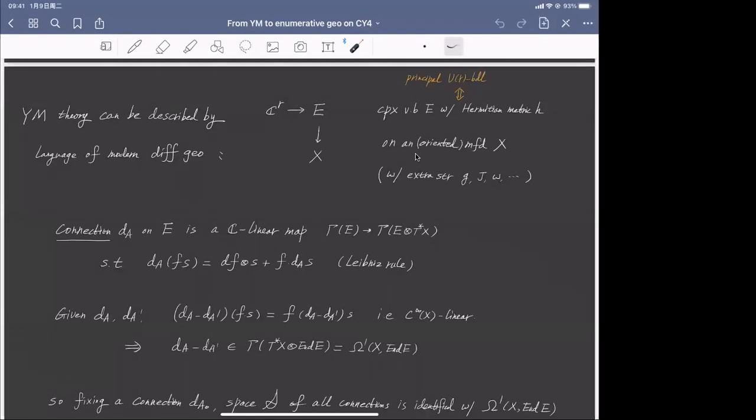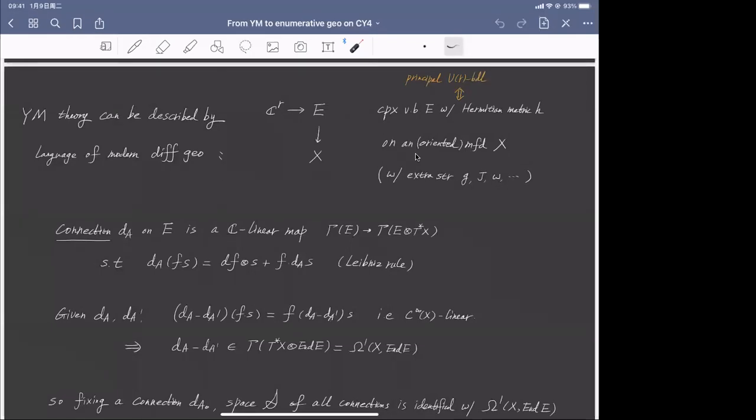We consider a family of vector spaces parameterized by points in X. This is called a complex vector bundle. For convenience, we choose some Hermitian metric on this vector bundle, which fiberwise is just a Hermitian metric on the vector space.